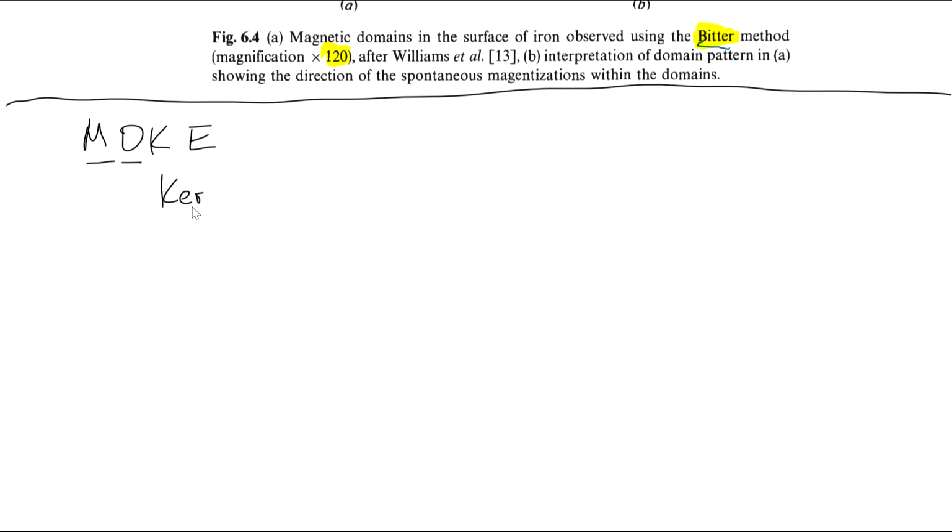So let me write it down. Kerr effect. And side by side with the Kerr effect there is the Faraday effect, which is basically an optical way to measure magnetization.